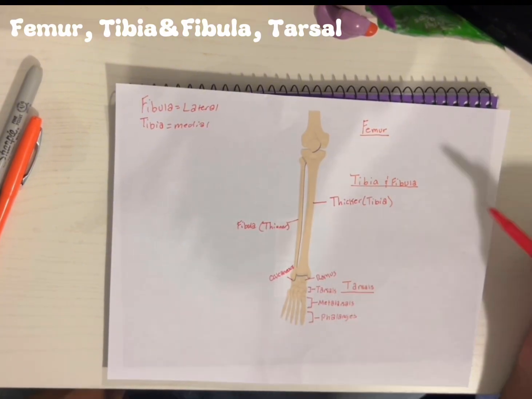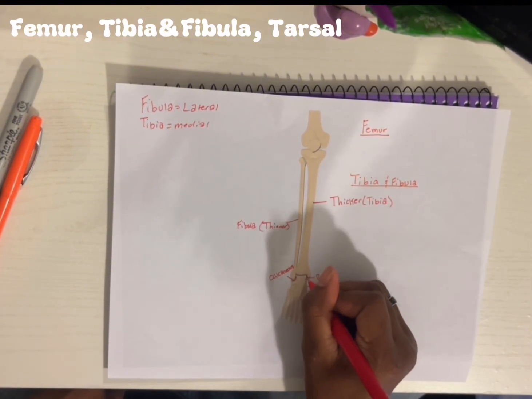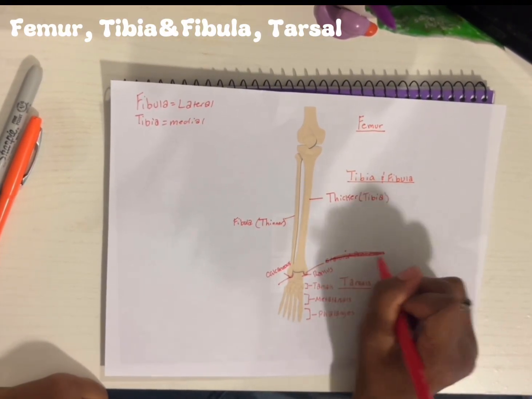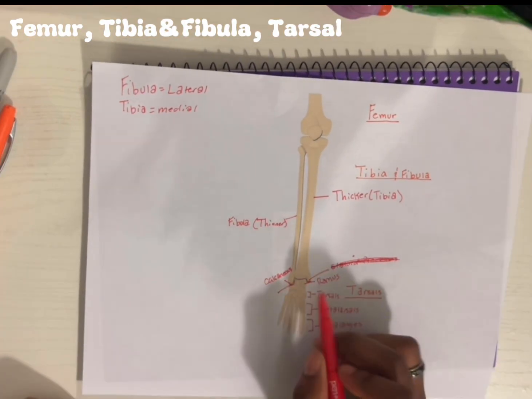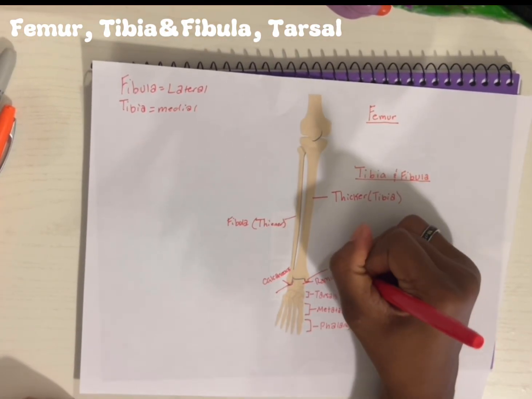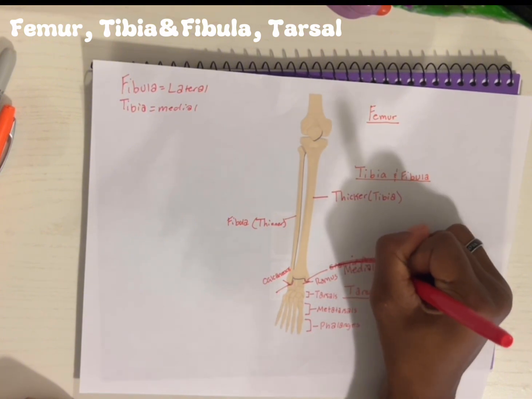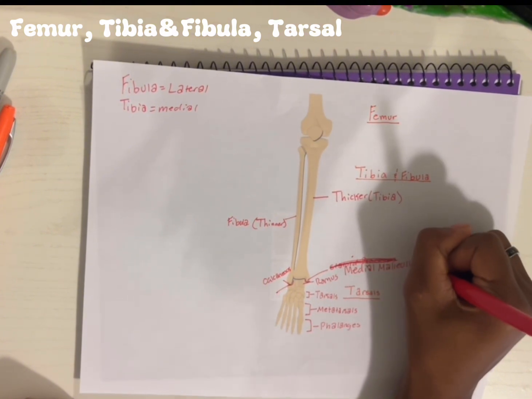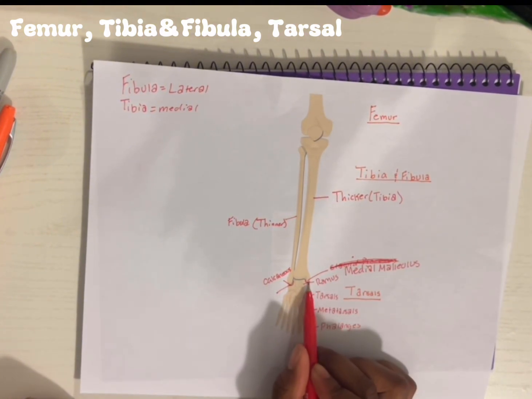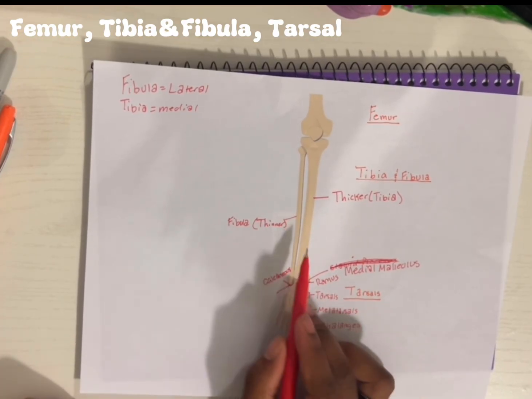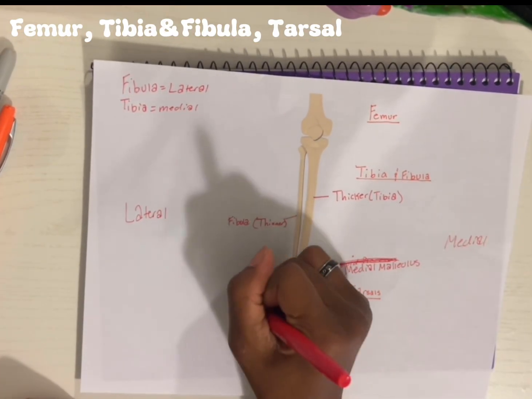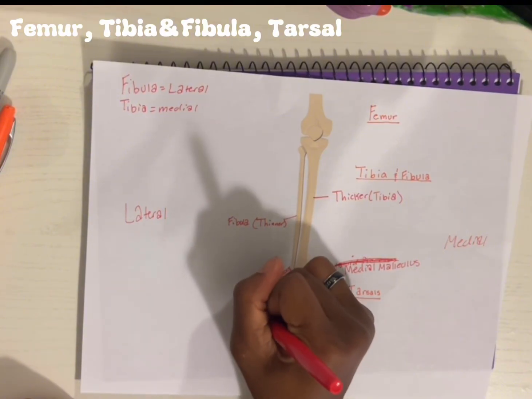These two processes down here, it's not the styloid process, that's for the ulna and radius. Since these two are together, it's called the malleolus. Since this one is more medial, it's called the medial malleolus. And on this end, this is the more lateral side, so this one is the lateral malleolus.